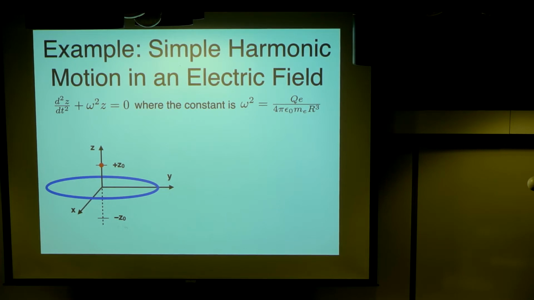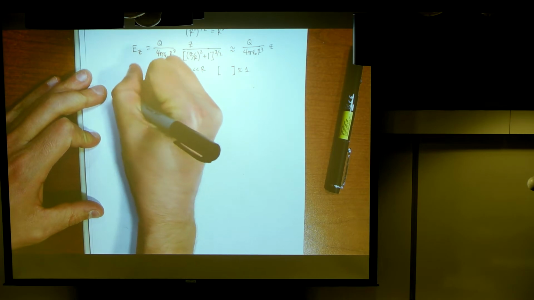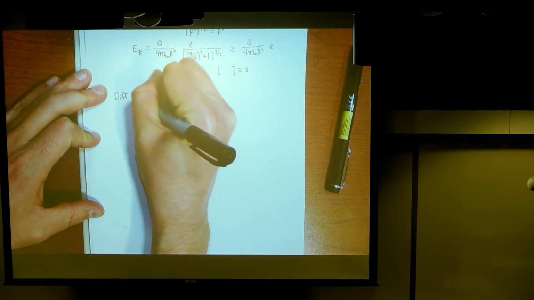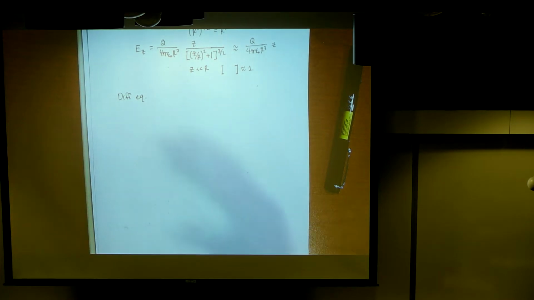So actually, let's just go through that on pen and paper real quick to establish that fact. Okay, so just go over to the dot cam real quick. So we have a differential equation. That just means the equation itself involves derivatives.